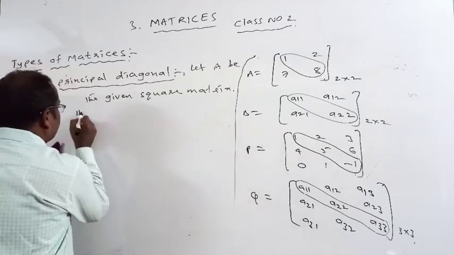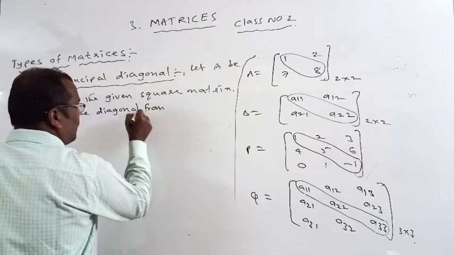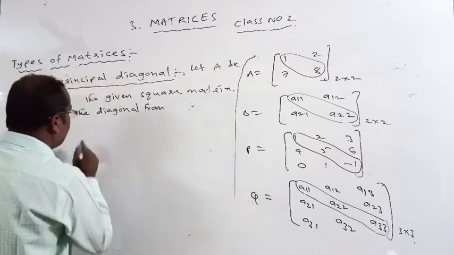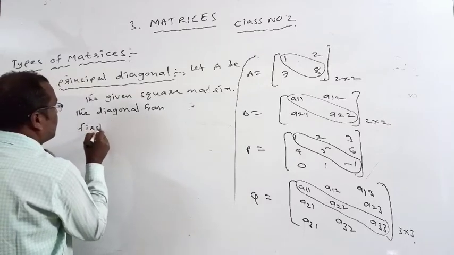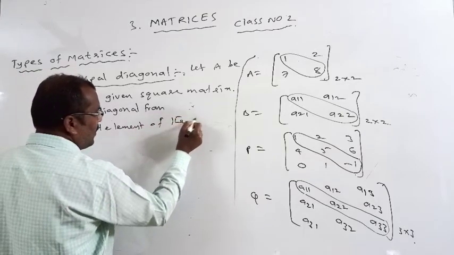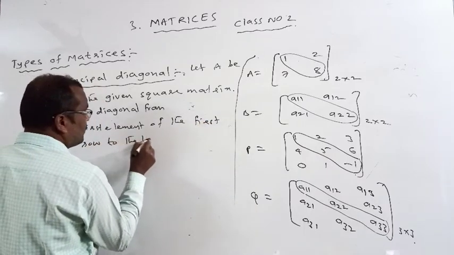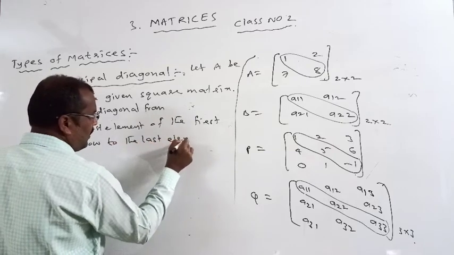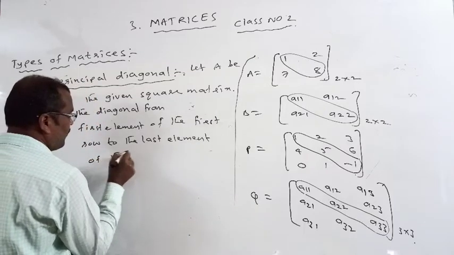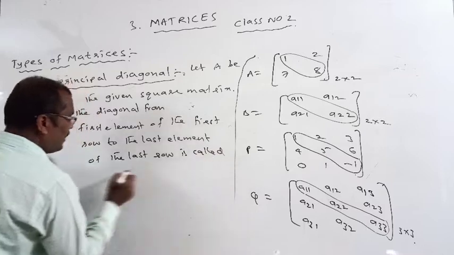So the diagonal from the first element of the first row to the last element of the last row is called a principal diagonal. Element means number, don't confuse.